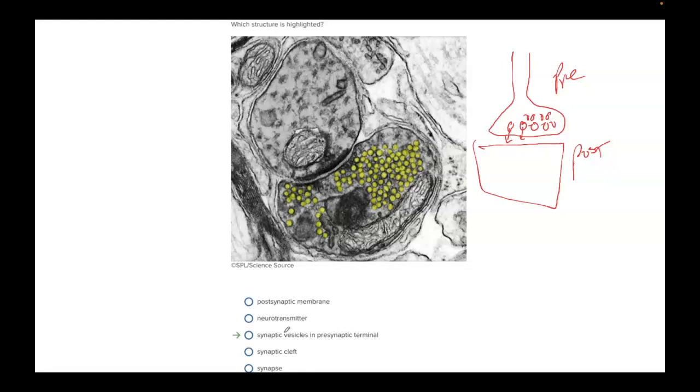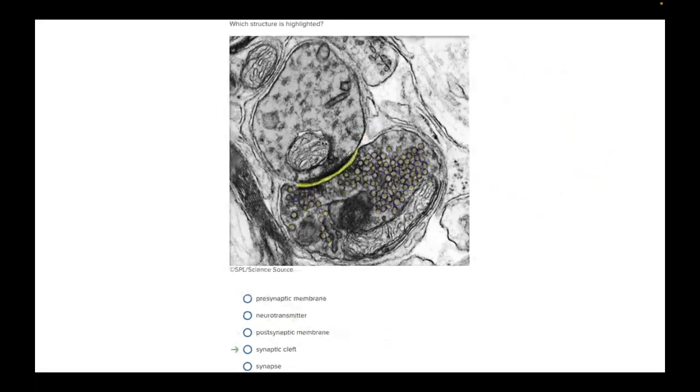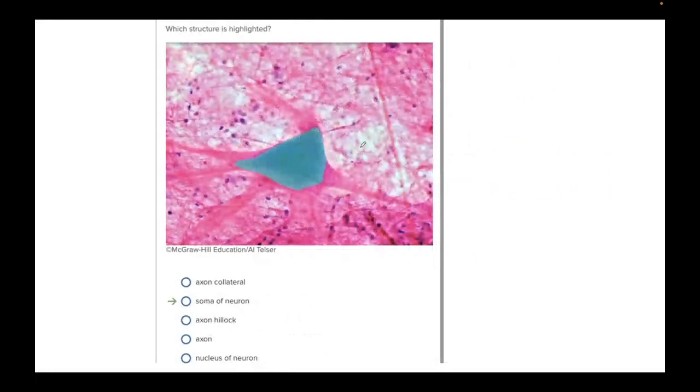So right here, these are the synaptic vesicles in a presynaptic neuron or terminal. Okay, this is pre, this is post, and right in the middle is the synaptic cleft. I stole my own thunder here. So the highlighted section that we see here, that is the synaptic cleft. All right, when you study these, it's also important to kind of look at the distractors so that you know what those are as well.